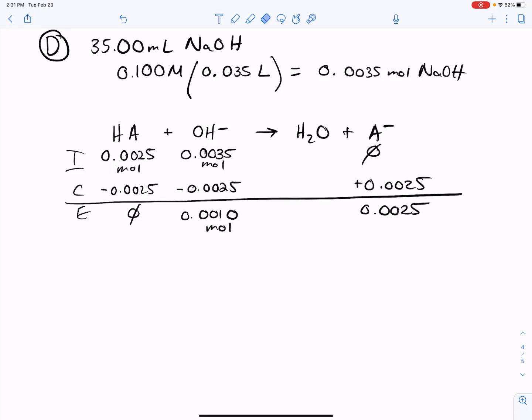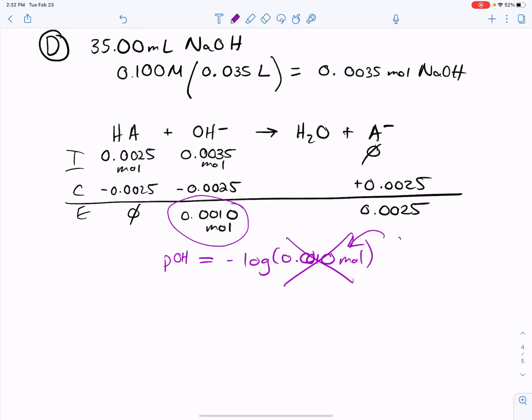Now what do I do with this? I often see people immediately take this value and plug it in to pOH equals negative log of 0.0010 moles. But why that's wrong, absolutely wrong, is it needs to be concentration, not just moles.